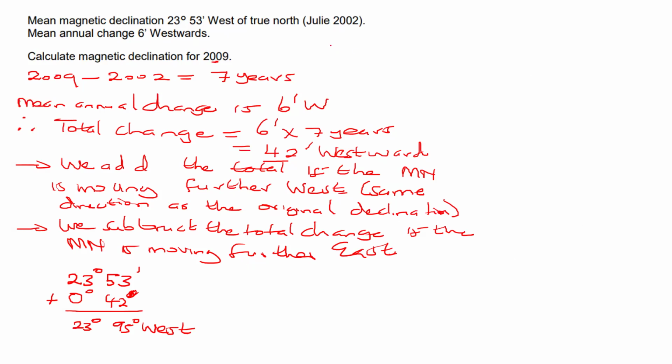Let's write it here, NB: don't forget that 60 minutes is equal to 1 degree. So when your minutes total more than 60, you must always convert that into degrees.